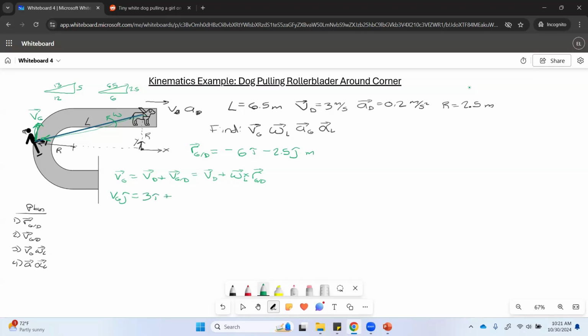And then plus, we'll write out our cross product here. I, J, K, 0, 0, omega. And we don't know omega, so we'll just leave it right there as a variable. And then the R, which we found above, negative 6, negative 2.5, and 0.